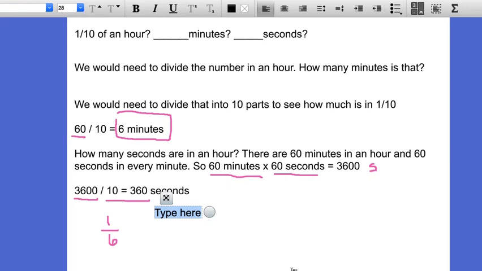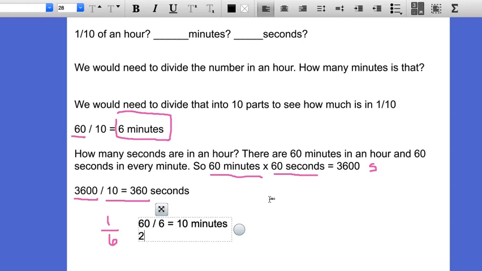So we know that there's 60 minutes in an hour. We divide that by 6. We would get 10. So 10 minutes for 1/6 of an hour. This is like downhill skiing. So 1/6 of an hour.